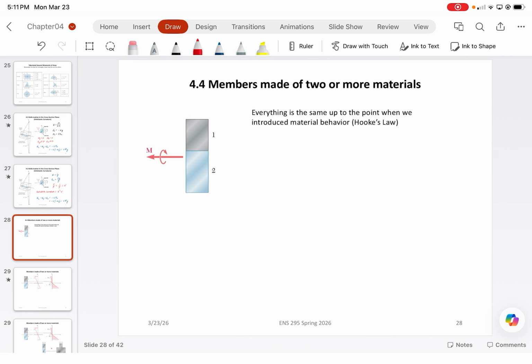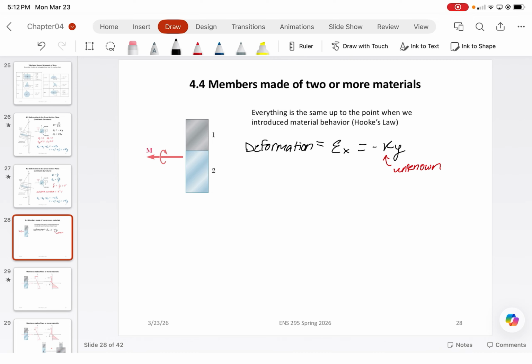So, for this case, everything is the same up to the point when we introduced material behavior, or Hooke's law, where the deformation we set equal to the normal strain, the strain in the x direction, multiplied by negative curvature times its y position. K we don't exactly know, so K is an unknown at this point. We need to be able to determine that.